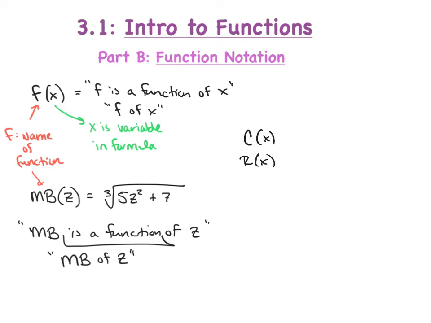Let's say that you have a function for profit, but it doesn't depend on how many items you're making. It depends on time. Maybe you call that P of t. So this function notation is actually a really concise way to refer to longer, uglier formulas without writing them all out every time. Now let's practice what you're going to do with this function notation.